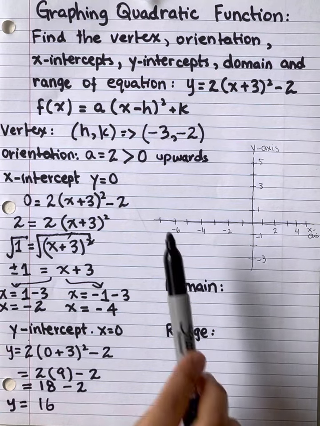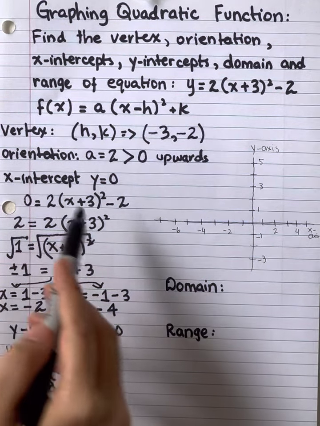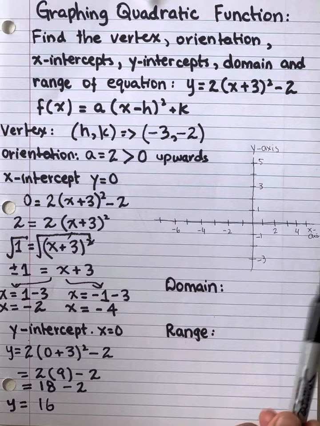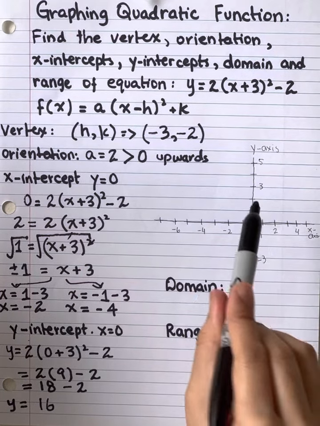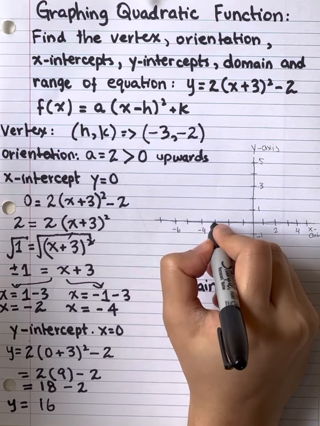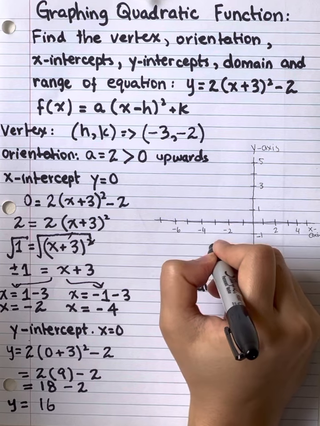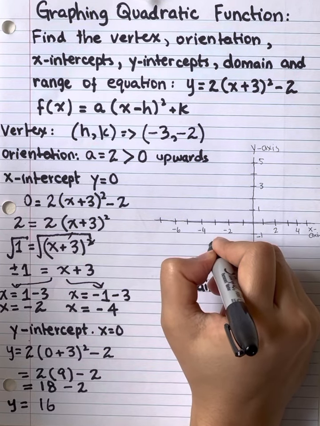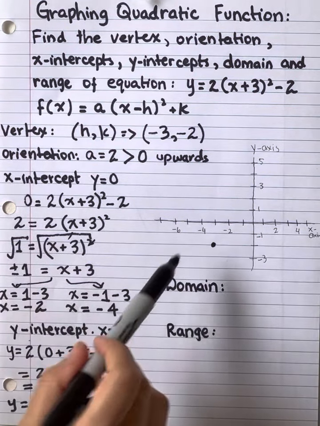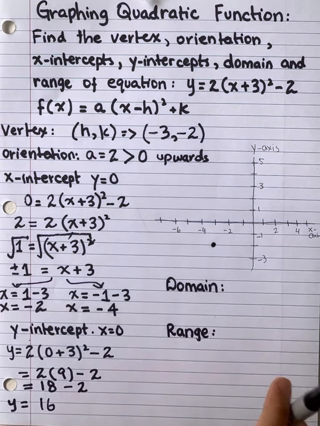Now, using this information, we can plot a few points on the graph and then sketch it. What's the vertex of our graph? It's (-3, -2). So our x is -3, which is 1, 2, 3 to the left, and our y is -2, which is 1, 2 down. So it's somewhere here. That's the minimum point of our graph, the vertex.